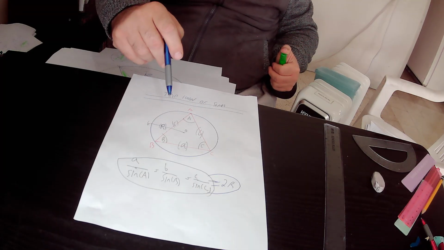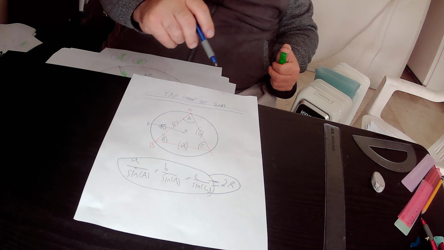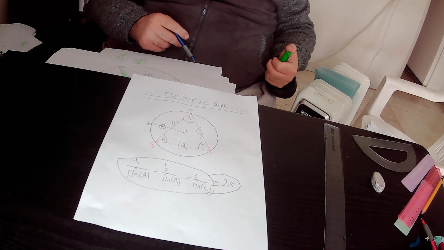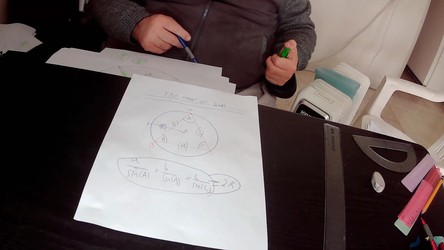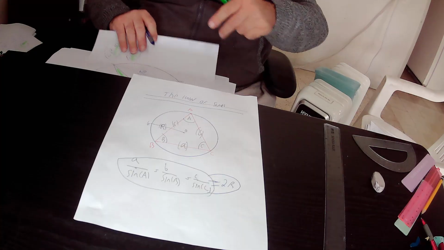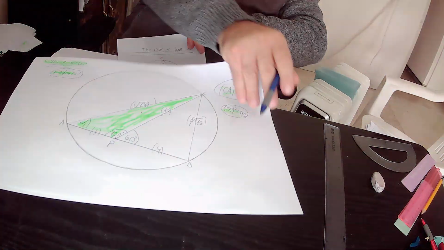And R is the radius of this circle that circumscribes the triangle. So we implement the law of sines in its full version in this triangle ABC.